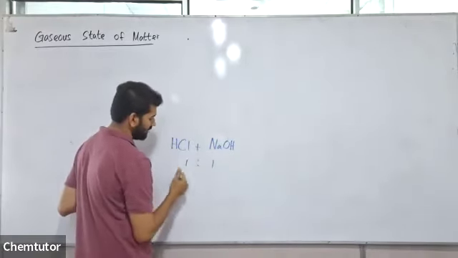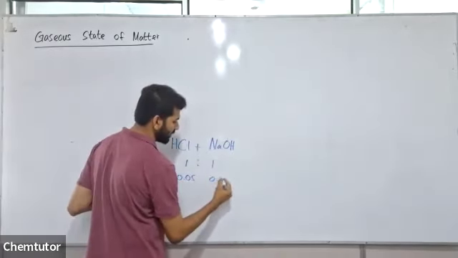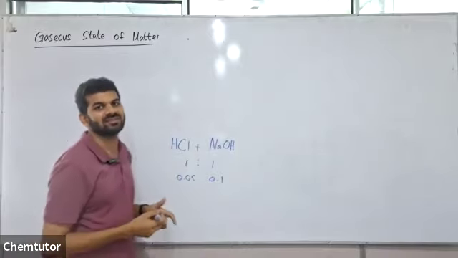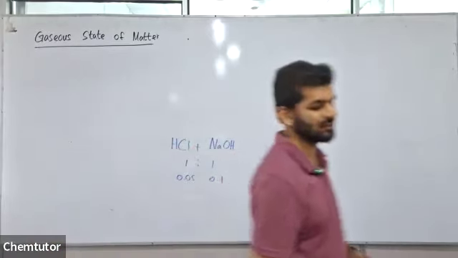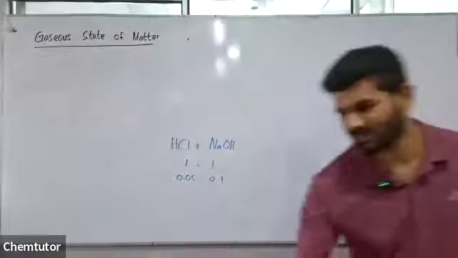If this has 0.05 moles and this has 0.1 moles, this will be over first. So that will be the limiting reagent. That's it.